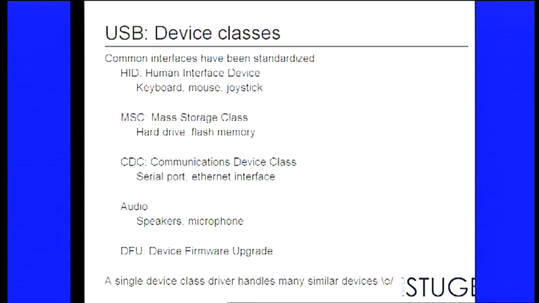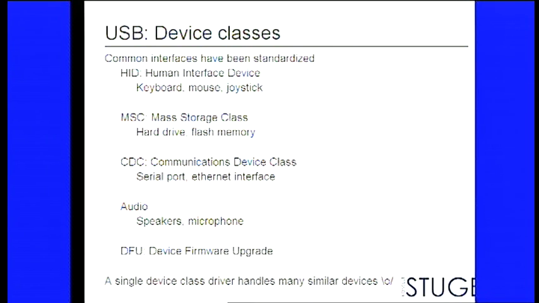So maybe human interface device is the most common one for keyboards and mice and joysticks and so on, buttons and displays. Mass storage class for hard drives, portable hard drives and flash memory sticks and so on. Communications device class has a serial port, Ethernet and more. Audio.